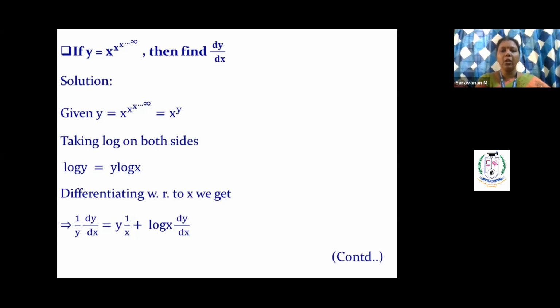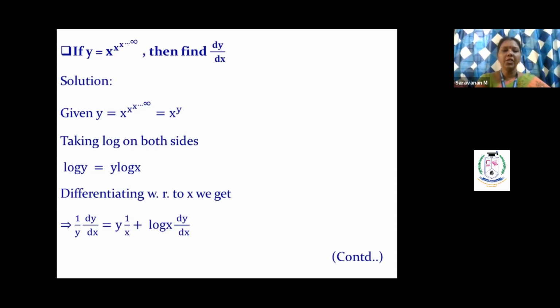Before that, we can consider that y is equal to x raised to the power x up to infinity, which becomes x power y, because again x raised to the power x and so on is y. Now it is easy. Applying log on both sides, log y is equal to y into log x. Here also we have used the power rule of logarithmic function.